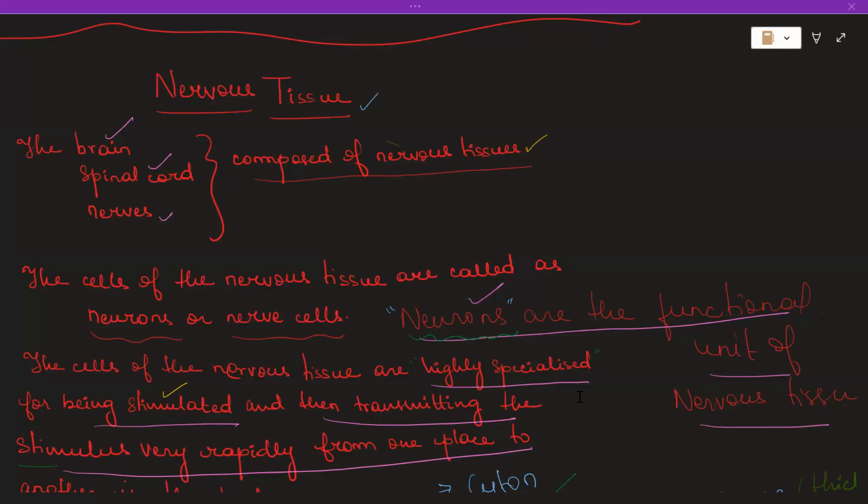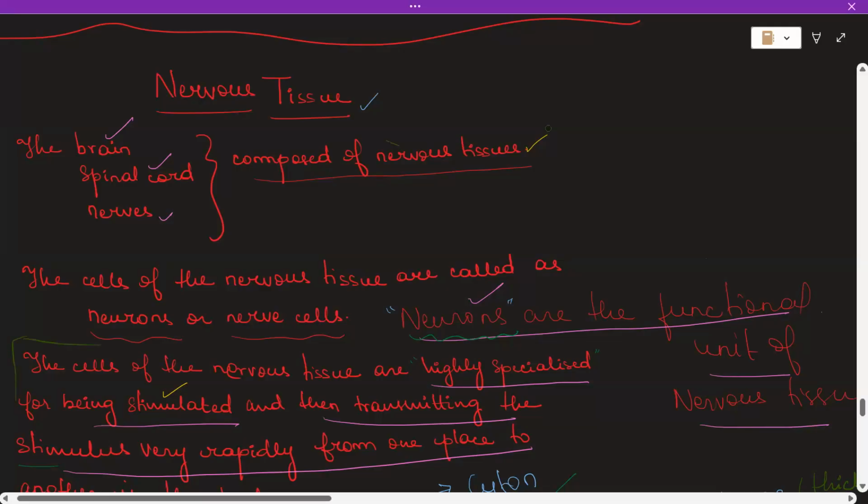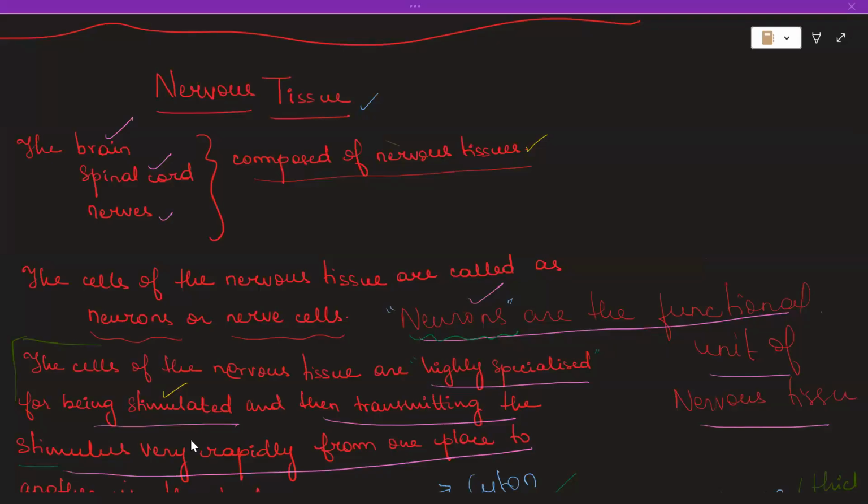Should we write the cells of the nervous tissue right now? Not right now. After the diagram, you people will begin. Everyone's done till here?